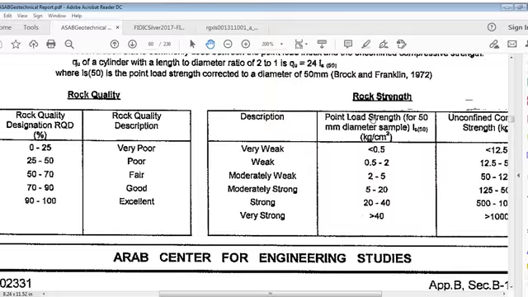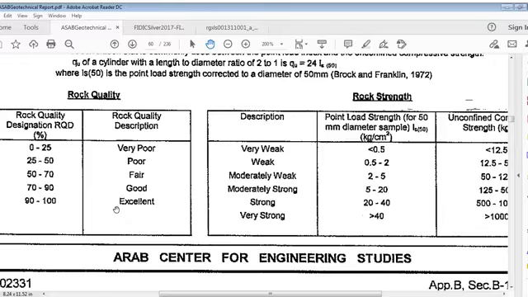Rock quality designation, RQD, in percentage: 0 to 25, 25 to 50, 50 to 70, 70 to 90, 90 to 100.